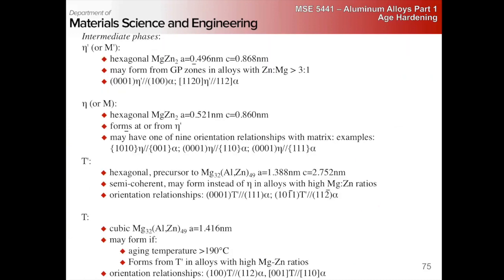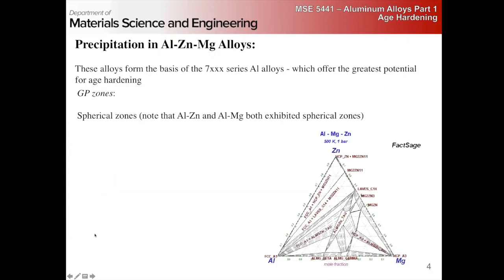What is important is the general ideas of going from intermediate to equilibrium phases. And if you want to get real advanced, knowing that this system has a lot of potential phases in it, so you can get the most bang for your buck in terms of age hardening out of it.